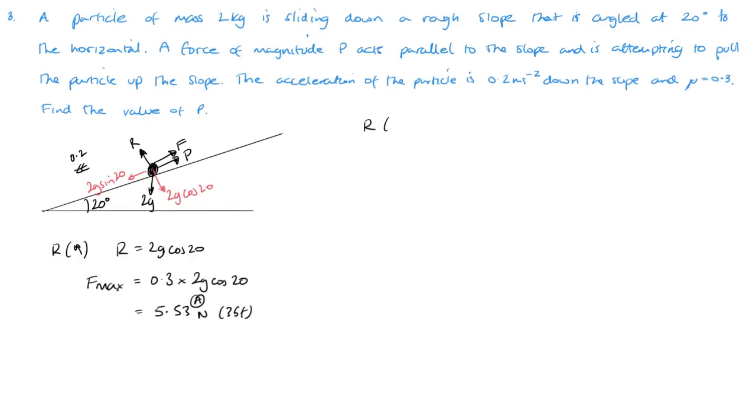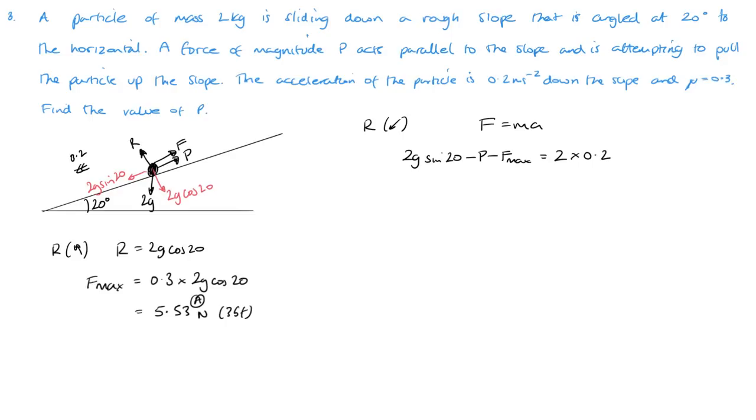Now let's resolve parallel to the slope, and it's obviously going down because it's accelerating down the slope. So 2g sine 20 minus P minus F max equals 2 times 0.2.